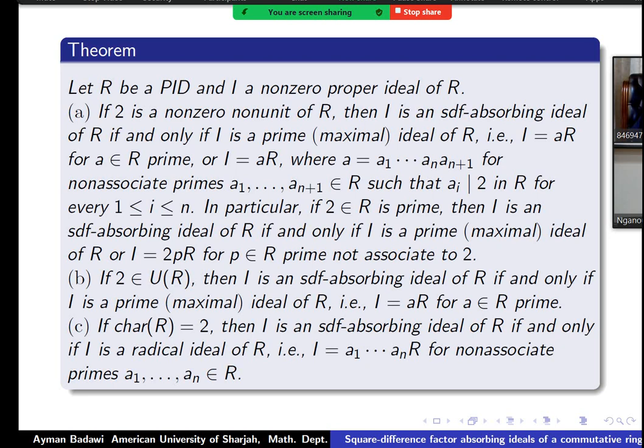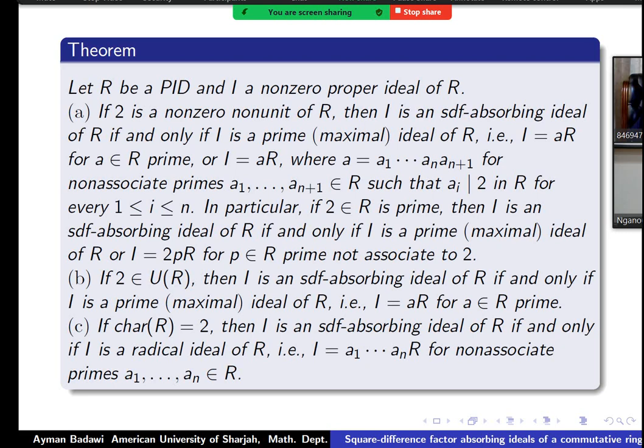And look at the a: a has to be prime, no big deal. Or I has to be aR, where a can be written as a product of irreducible, non-associative prime elements in R, and each one of them has to be a factor of 2.